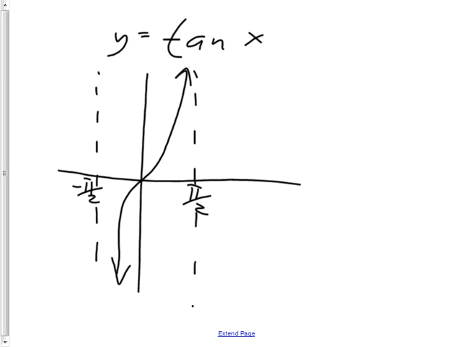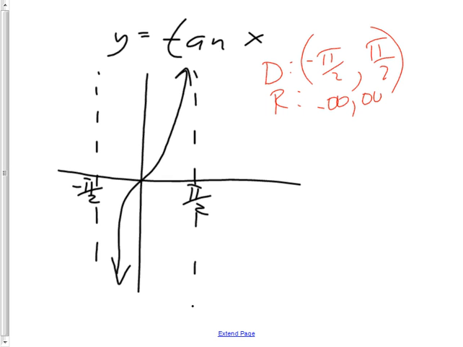Okay. Now, let me ask you, what are the domain and range of tangent? What's the domain of tangent? Negative pi over 2 to pi over 2. What's the range of regular tangent? Negative infinity to positive infinity.